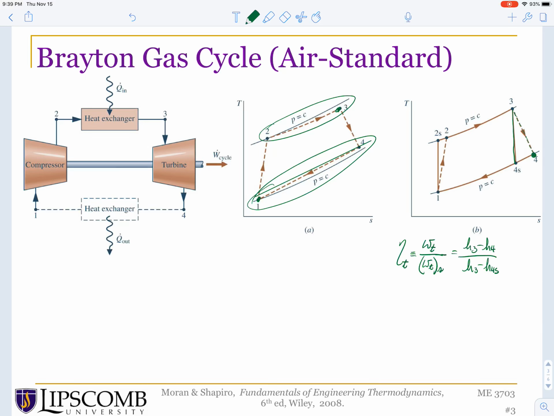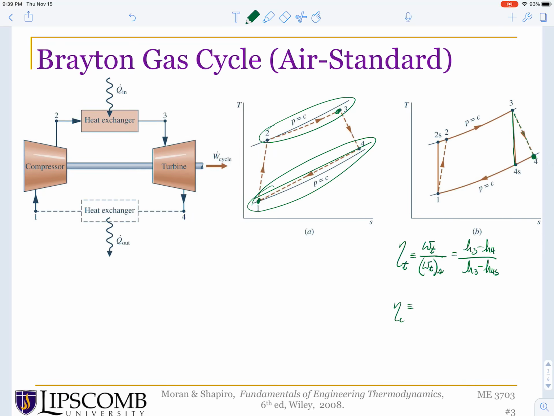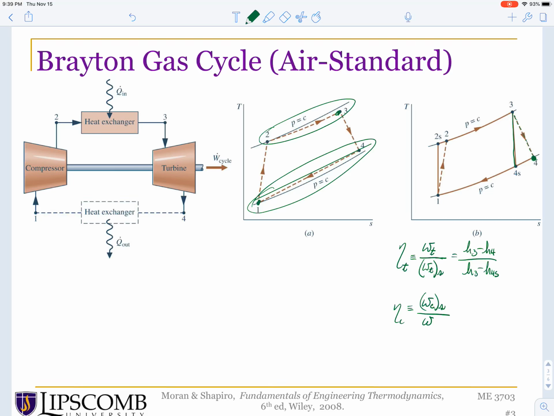Similarly for the compressor, the isentropic efficiency of the compressor is defined as the specific work it would take to drive that ideally if there were no losses due to heat transfer, mechanical friction, those types of things. And then in reality, it takes us more specific work to drive the compressor to overcome those irreversibilities.